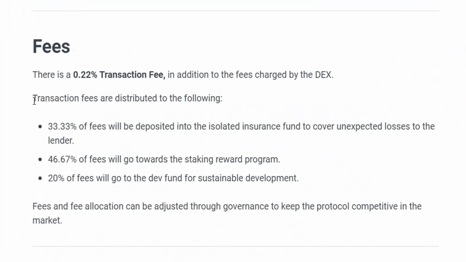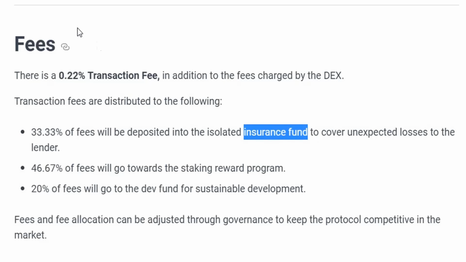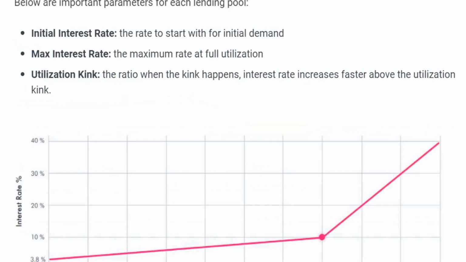Every kind of leverage-up transaction costs you 0.22%, and 33% of that, so one third of the transaction fees for each thing, are held in escrow in the protocol as an insurance fund in case liquidators don't do their job and liquidate people's positions when they're in liquidation, right?